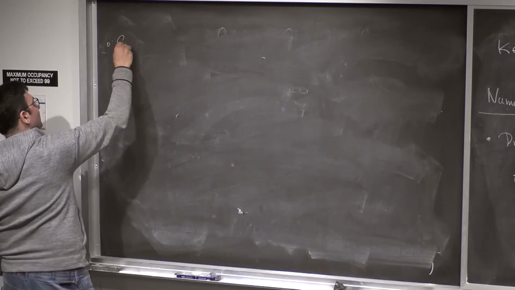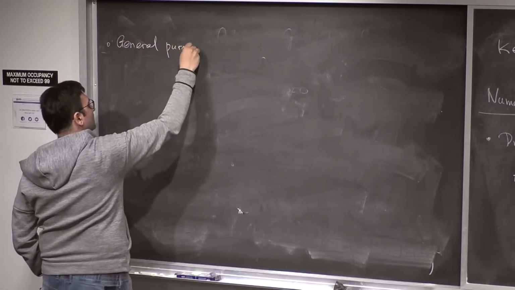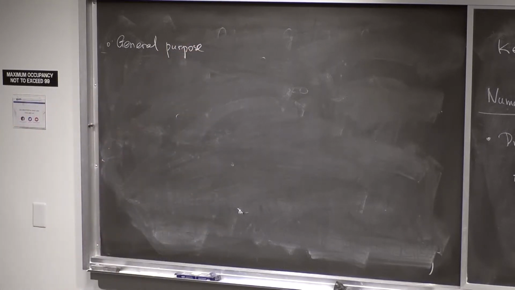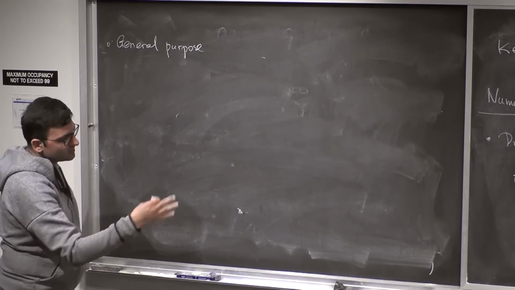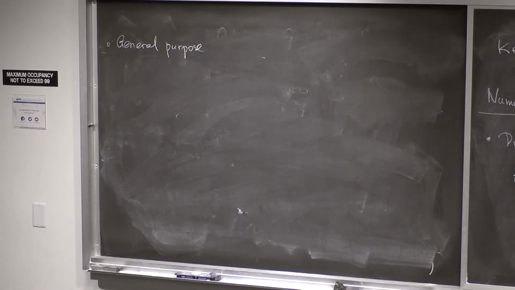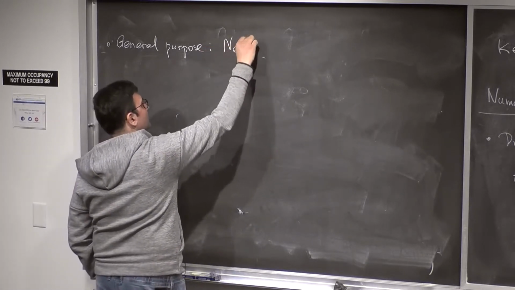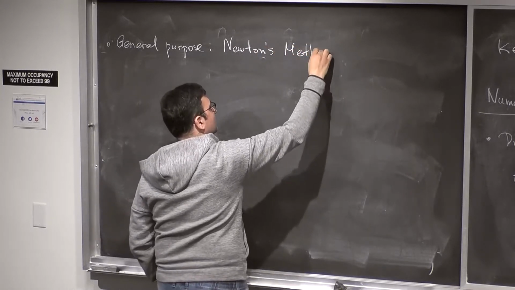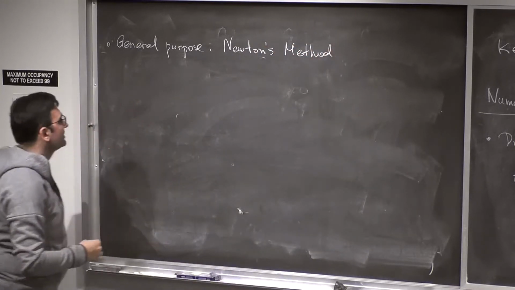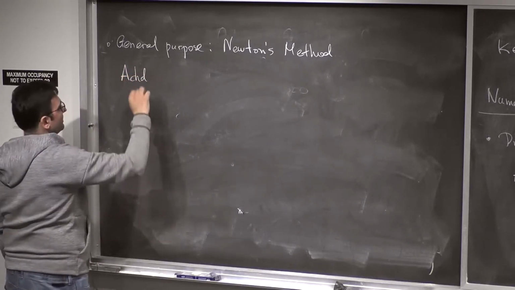One is general purpose, somehow using the structure of the equation, but applying to a general class of problems. And this is basically Newton's method. This was done by H2.